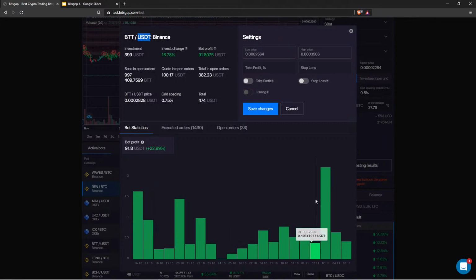So at least you can use this information to make some projections of a future daily return range. For example, it can be from 0.27 up to 1.47. So expect the next day's profit from around 0.27 USDT to somewhere around 1.47. That's how you can use this statistical data.